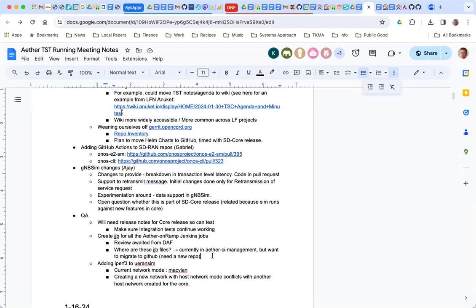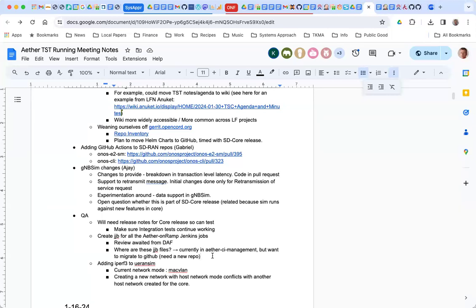So I'm not sure what we should call the repo, but let's call it Ether CI management, and we put it in Open Networking Lab, where all the other integration work is happening, and we start populating it there.